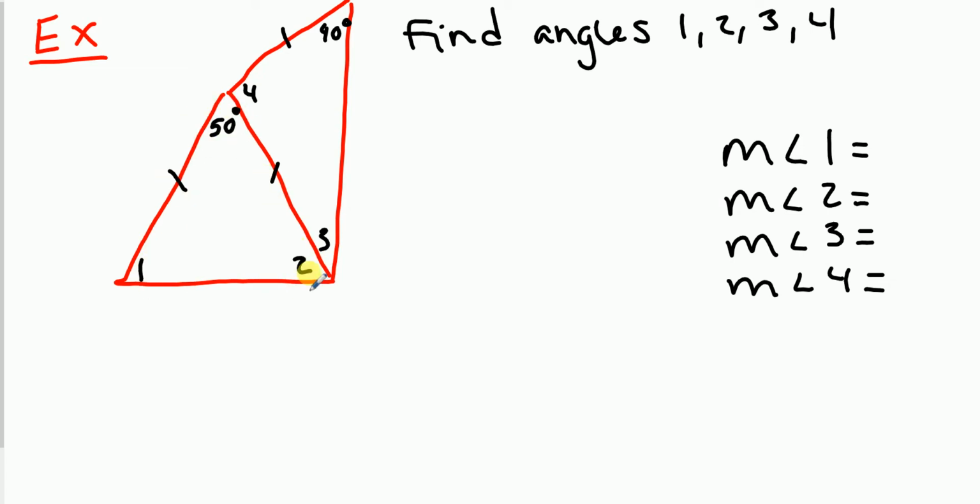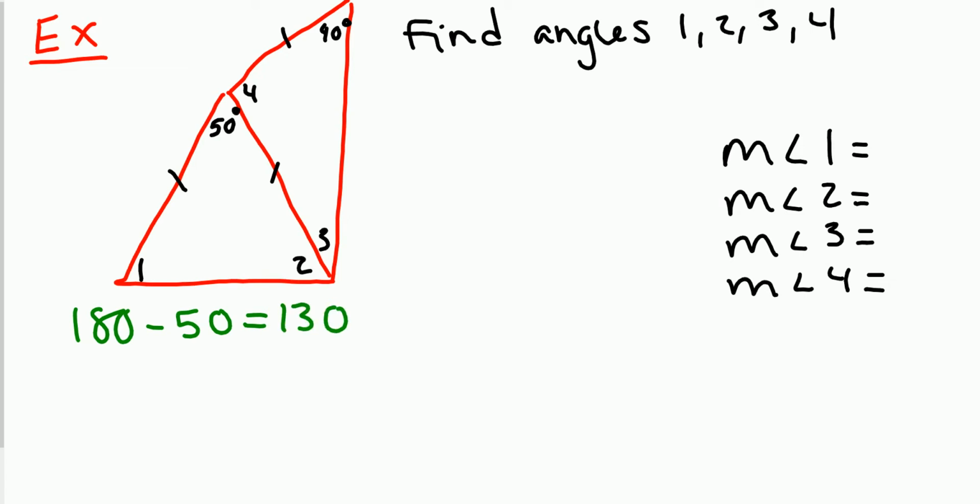This requires that we use both theorems that we've gone over so far. The first theorem was that a triangle's interior angles add up to 180 degrees. So if we say 180 minus that 50 degrees right here, what are we left with? We're left with 130 degrees.